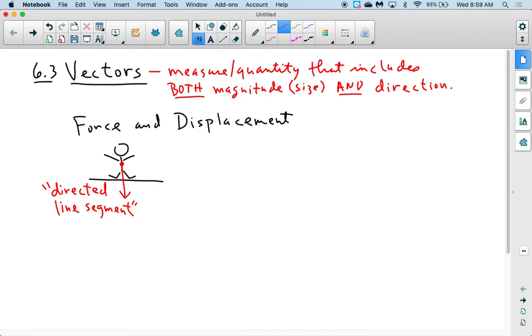This arrow here doesn't keep going on and on. The length of this directed line segment would communicate the magnitude or the size of the vector, the amount, if you will, and the arrowhead indicates direction.